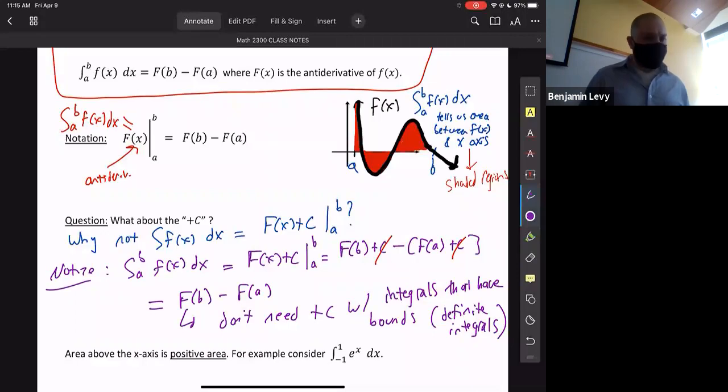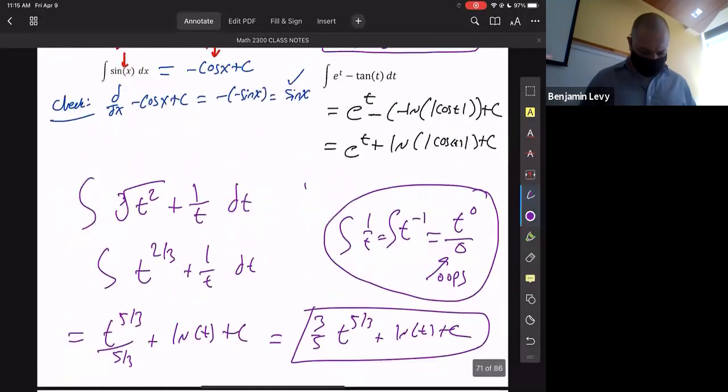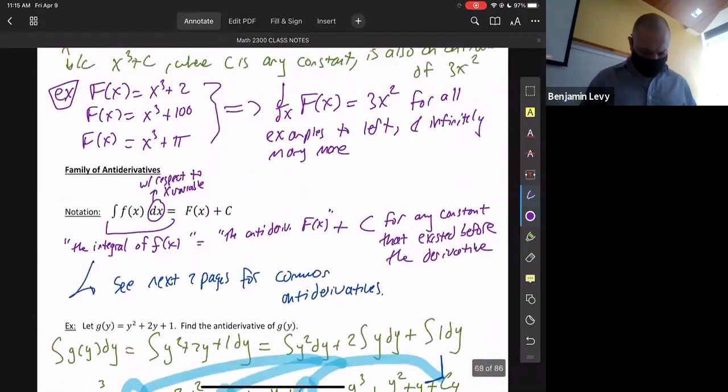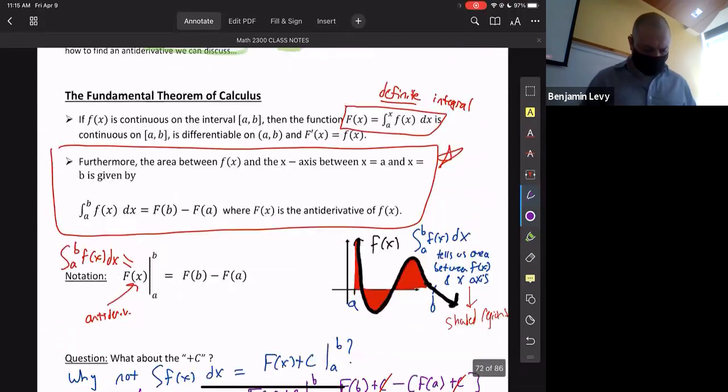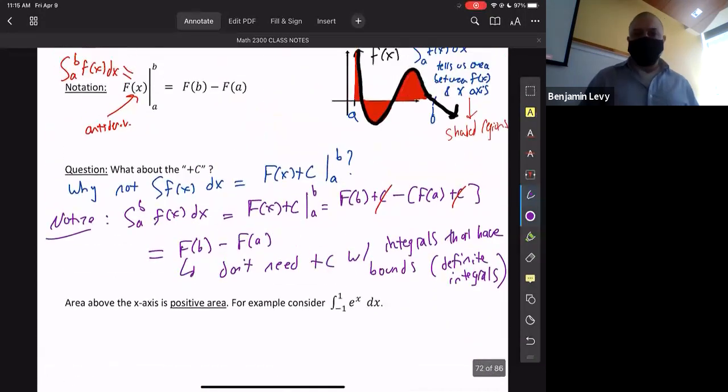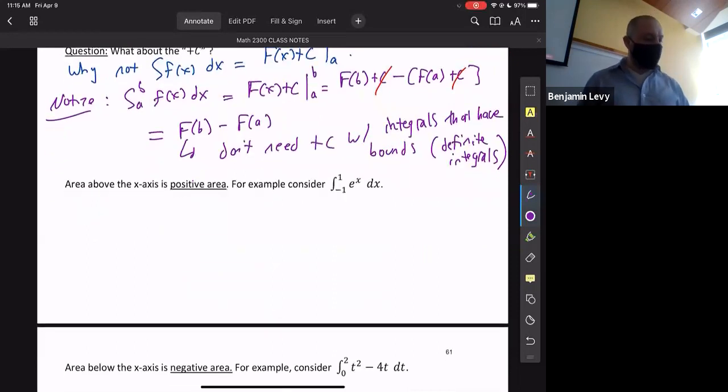I thought I used to have something else on this page. Maybe I took it out. I'm sorry. All right, there aren't questions. Let's do a couple. I'll do a couple, you do a couple.